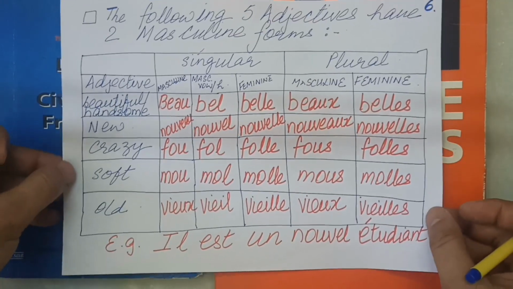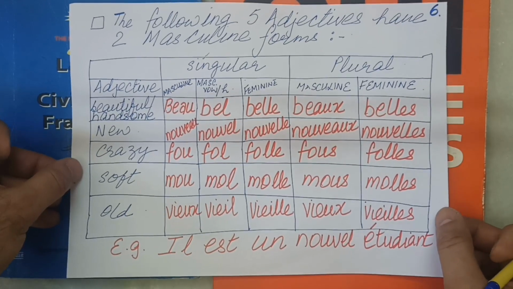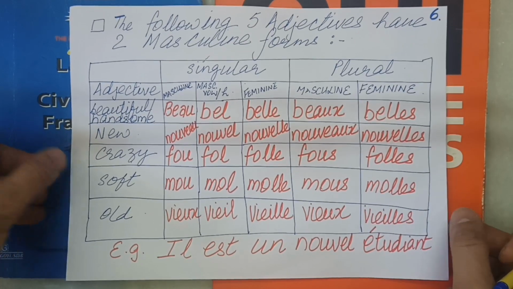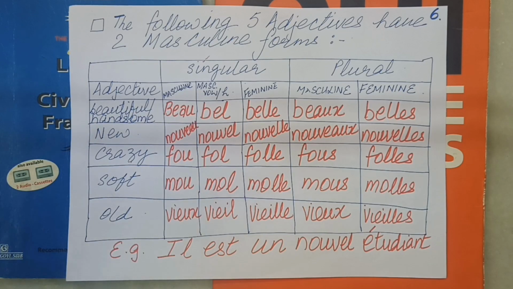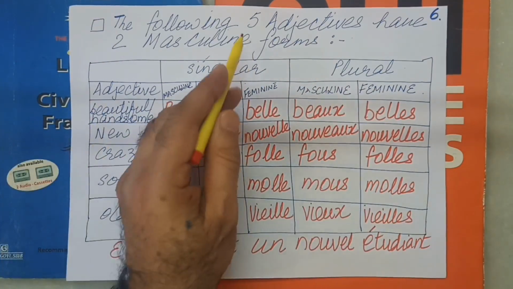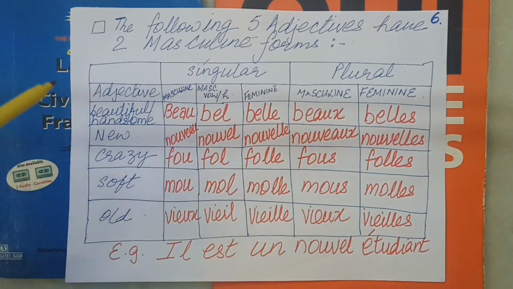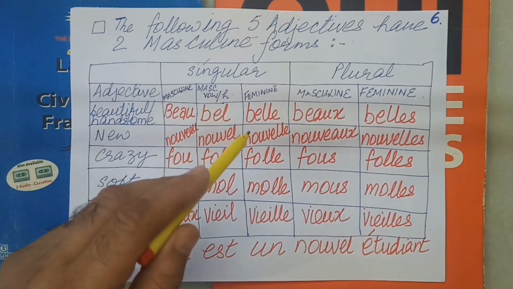Now the exceptions, rules are there, and exceptions are also there with any rule. The following 5 adjectives, remember 5 only, you shouldn't have much trouble. The following 5 adjectives have 2 masculine forms.